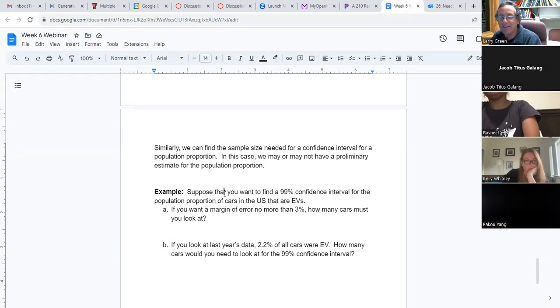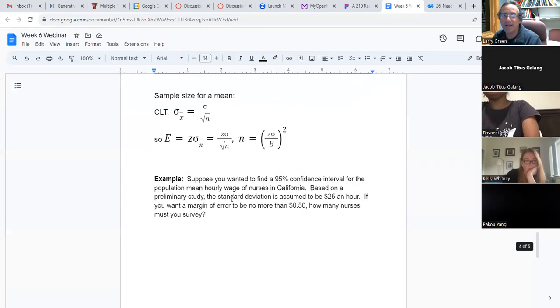In this case, the data is EV or not EV, yes or no. In the other case, you're collecting a wage, maybe $70 an hour, a number. Do you see that? That's one of the hard parts about answering these kinds of questions: deciding whether this is a mean or a proportion, a quantitative or a yes/no question.